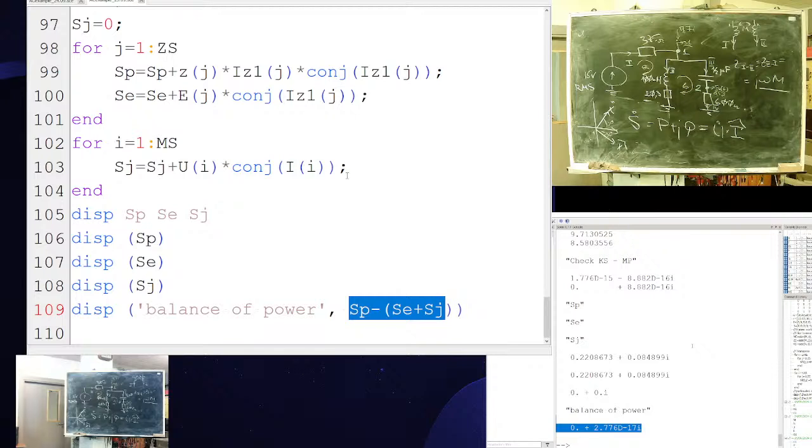I will put it in place of the capacitor. Disconnect. One microfarad, absolute units.